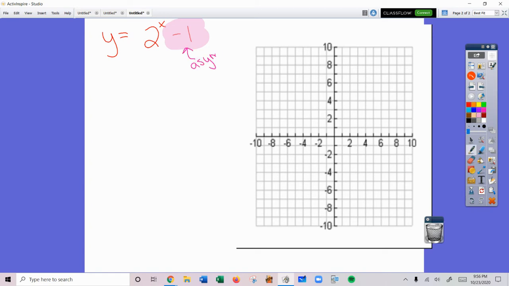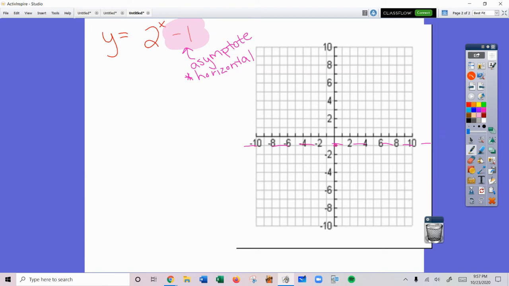It's the line we can't cross. And it's always a horizontal line. Okay, so this is always going to be horizontal. It's always going to be right and left. So that tells us at -1 on the y-axis, because it's going to be horizontal, there's this horizontal line at -1 that we know we can't cross.